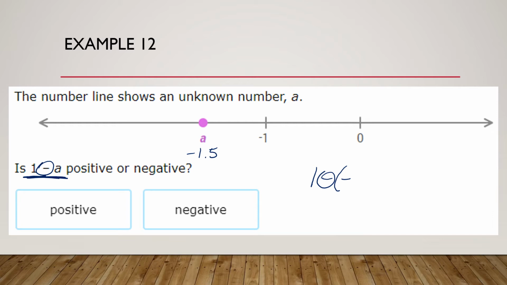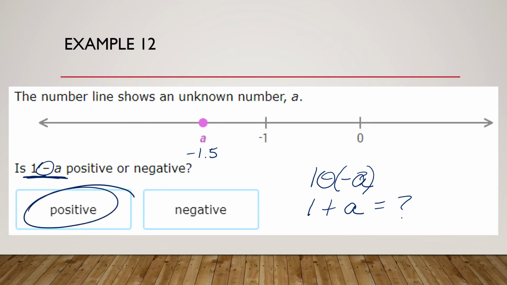Okay, then that means we're really going to add some number here. This a is what we don't know. So 1 plus whatever a is, is that going to give us a positive or a negative? Okay, so 1 plus whatever any negative number would give us there is going to have to give us a positive integer.